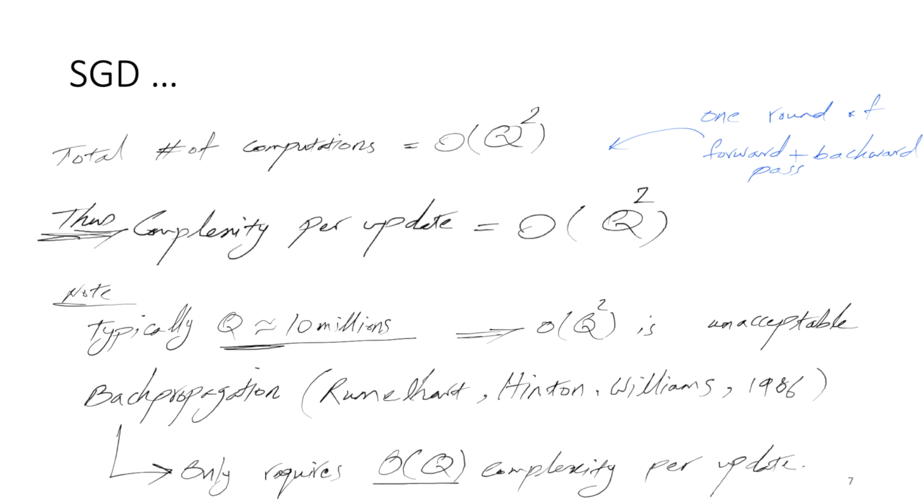So up until 1986, when Geoffrey Hinton, Rumelhart, and his collaborators devised a backprop algorithm that required only an order of O(Q), and this was a huge improvement.